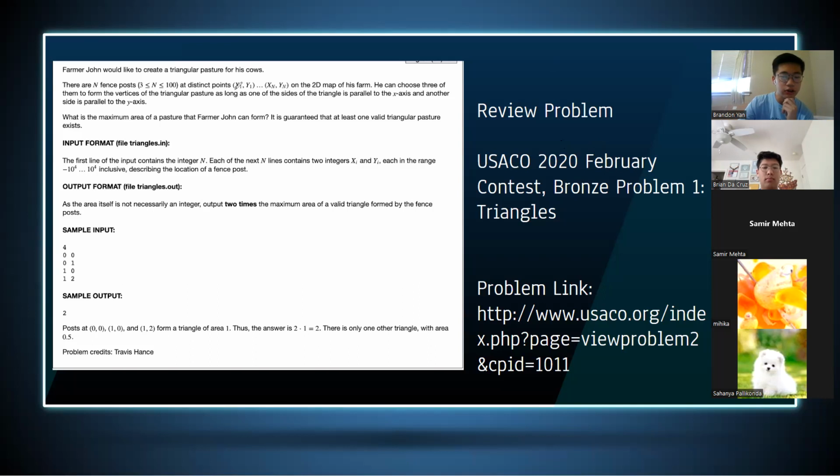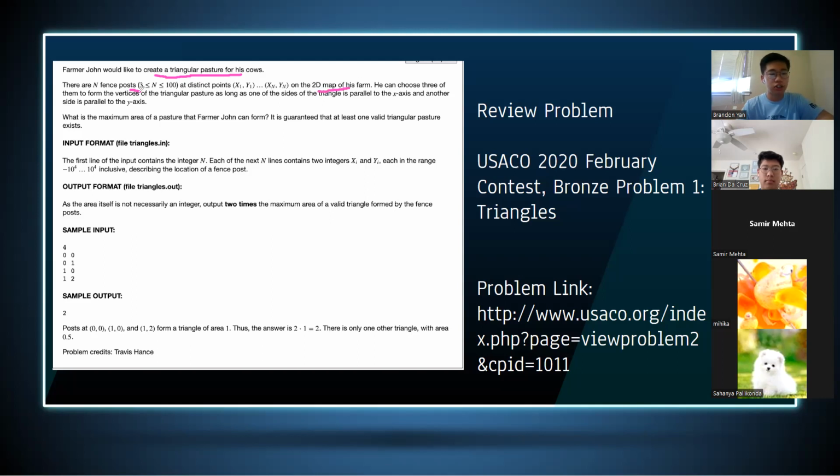Okay, before I go into the actual problem solving, let me just read it out so everyone knows what's going on. So there is a pasture. He wants to create a triangular pasture, and there are n fence posts at distinct coordinate points on a 2D map of his farm.